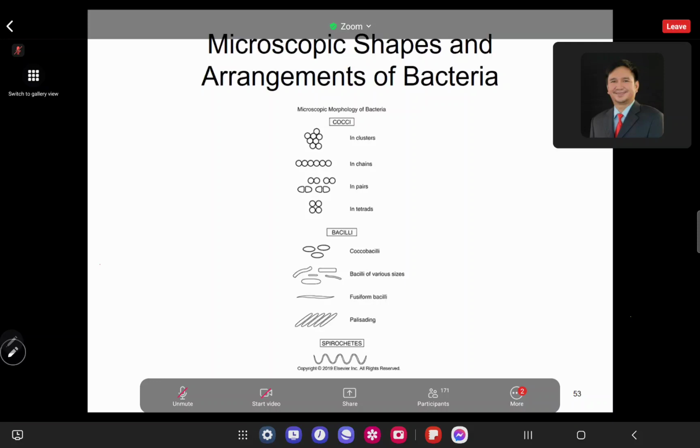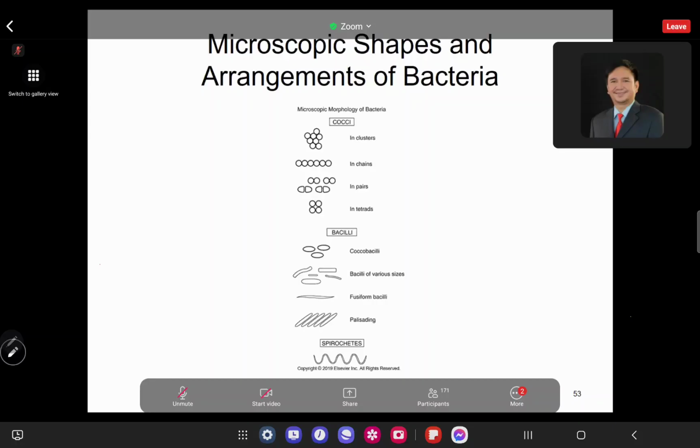Coccobacilli. Tapered ends, fusiform bacilli. Can you see that? Fusiform. How about rod shapes arranged side by side? Palisades. Palisading.